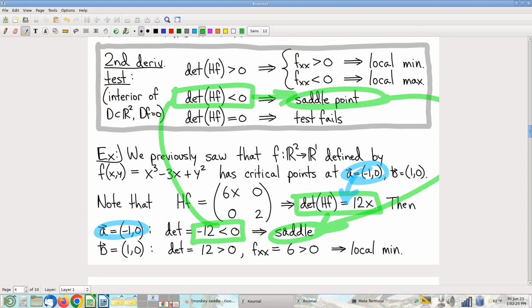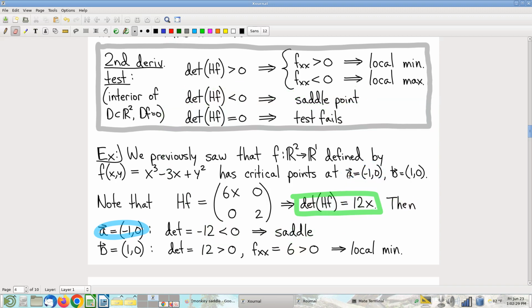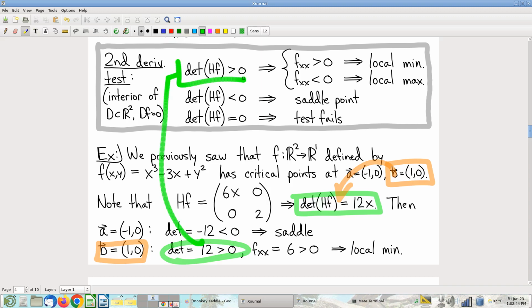Everybody good? All right, now let's look at the next point. Let's look at B here, 1, 0. Well, you take 1, 0, plug in, see what the Hessian determinant is. The Hessian determinant is positive, which means I have to look more carefully. There's these two different sub-cases when the Hessian determinant's positive.